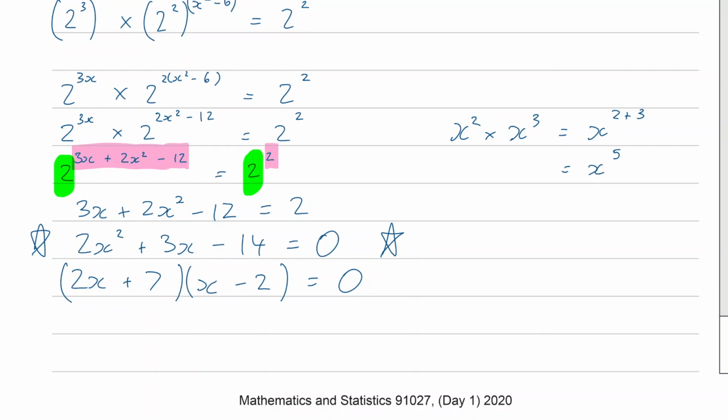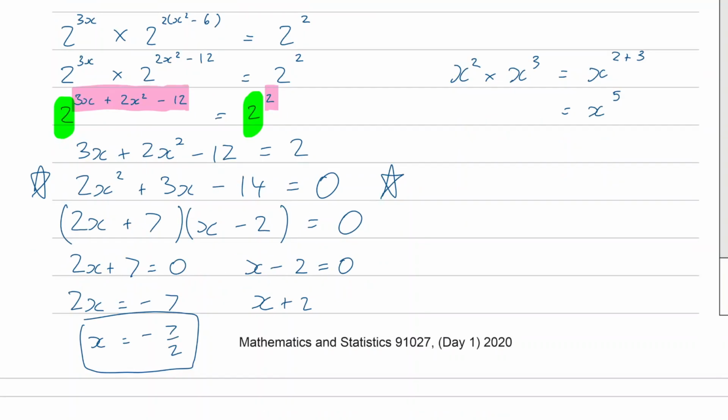So either 2x plus 7 equals 0, or x minus 2 equals 0. So solving the first equation, subtract 7 from both sides, divide both sides by 2. We get x equals negative 7 over 2 as a solution. Or on the second equation, we could add 2 to both sides, and we get x equals 2 as our second solution.